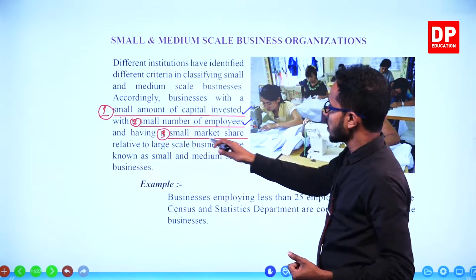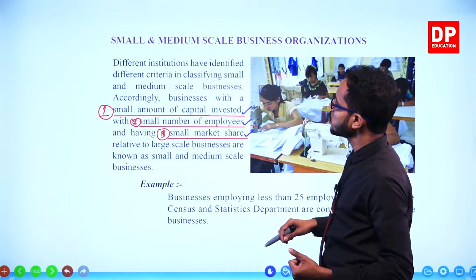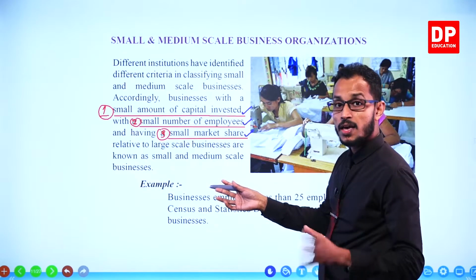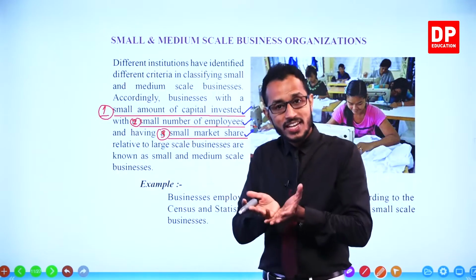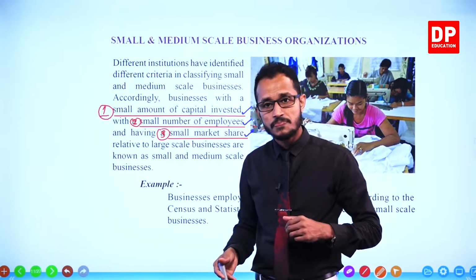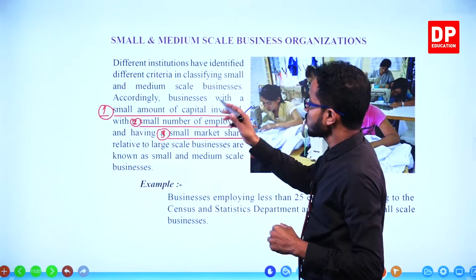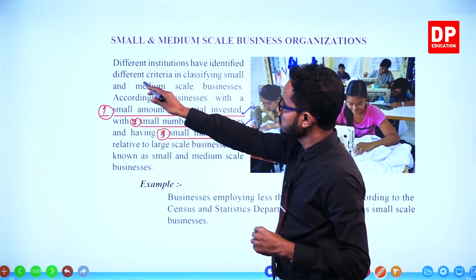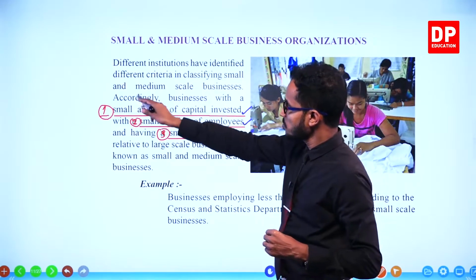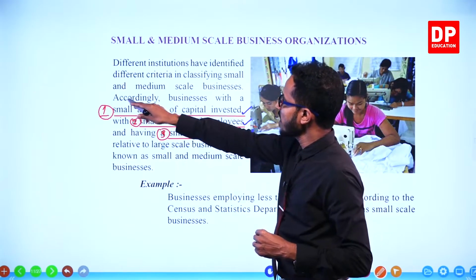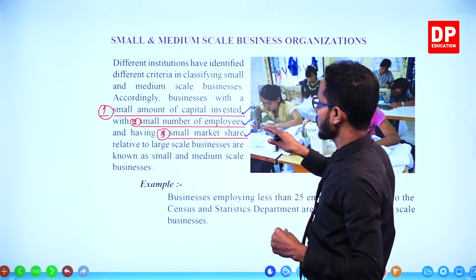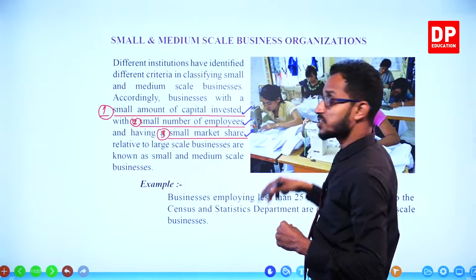That is not used here to determine whether it's a small scale business. But we use the amount of energy used to determine whether it's a large scale business. Here, to determine whether the business is small scale, they have used amount of capital, small number of employees and small market share.